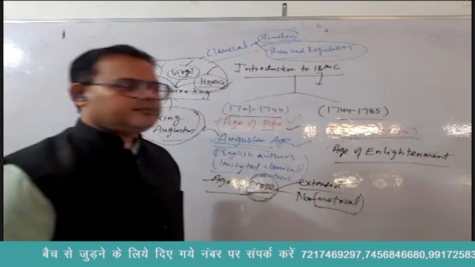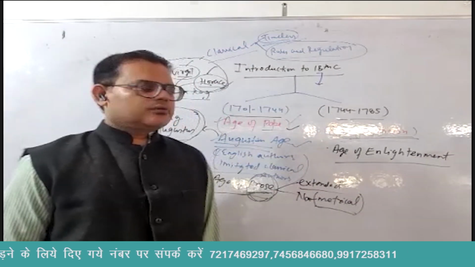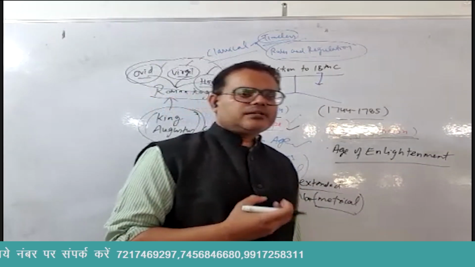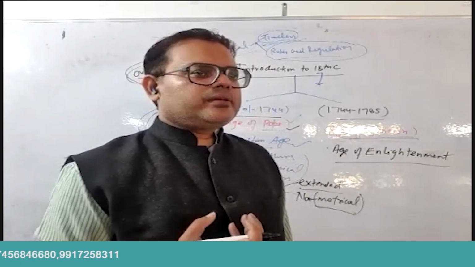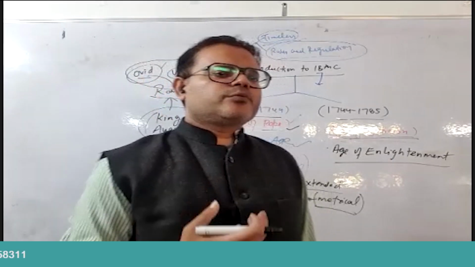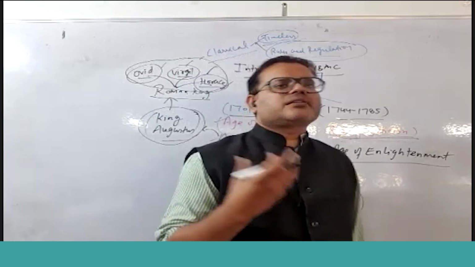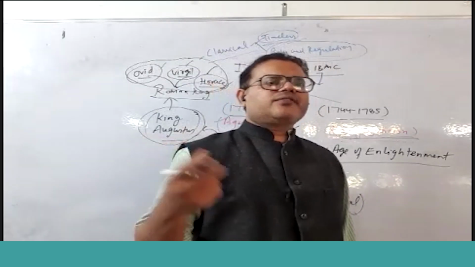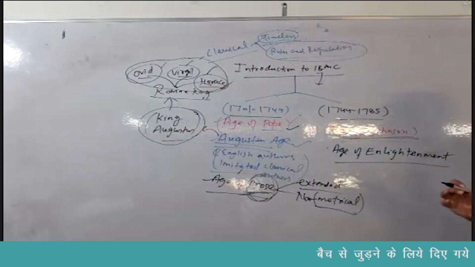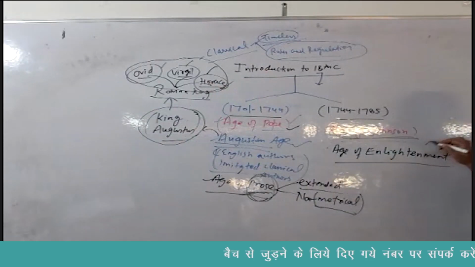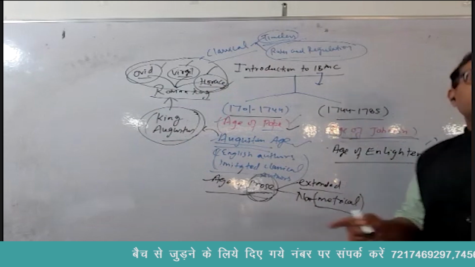Age of Enlightenment, right? So, enlightenment, dear learners, is actually an intellectual movement. It's a social intellectual movement which reacted against religion. As I have discussed with you once in my earlier lectures, it focuses more on reason over religion.